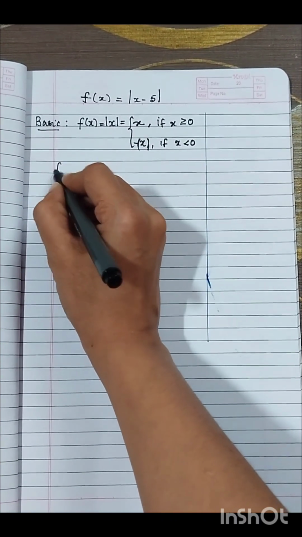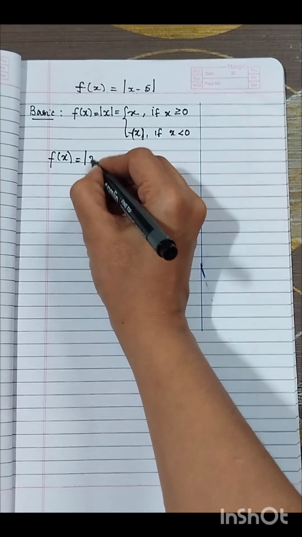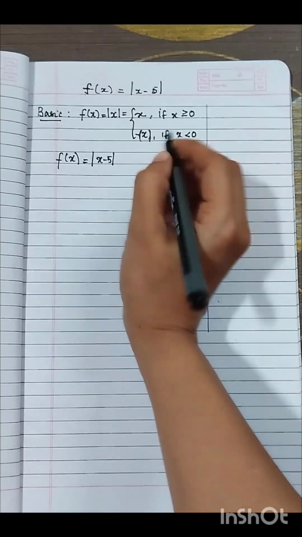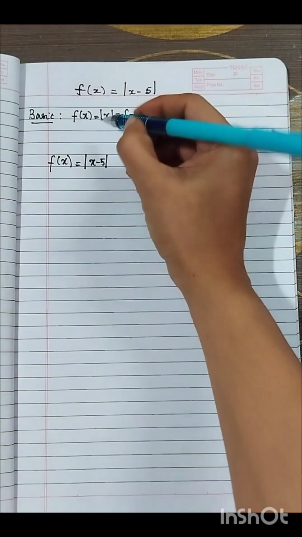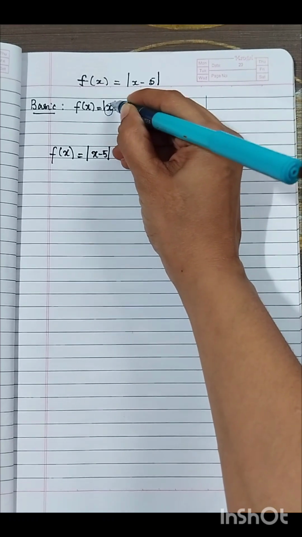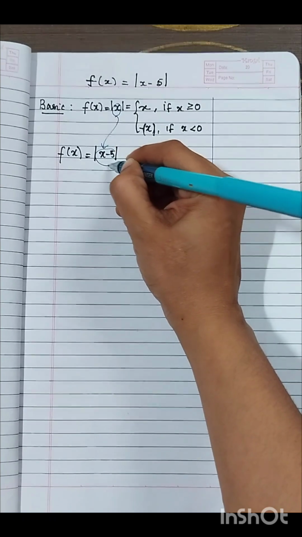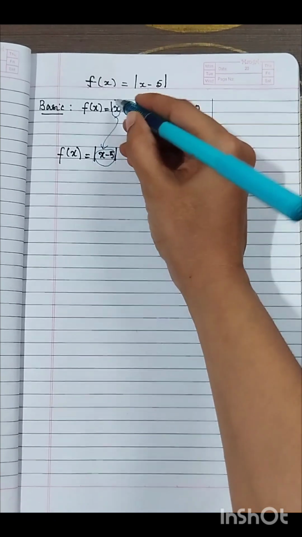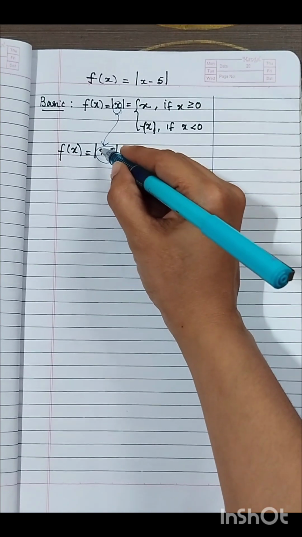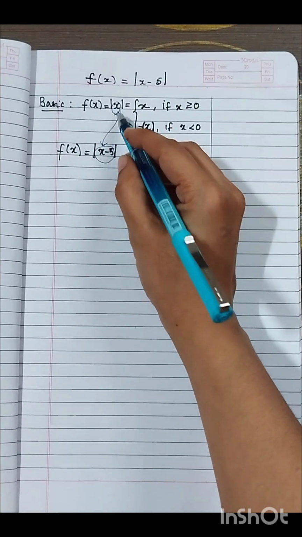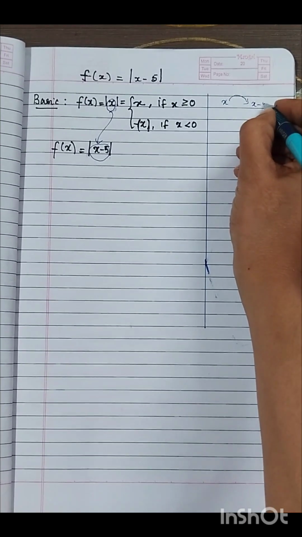Now let us take the function that is given to us, modulus of x minus 5. Same two straight lines, but in the place of x we have x minus 5. So wherever there is x, we have to replace it by x minus 5.